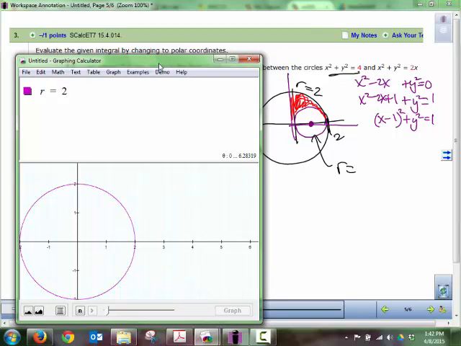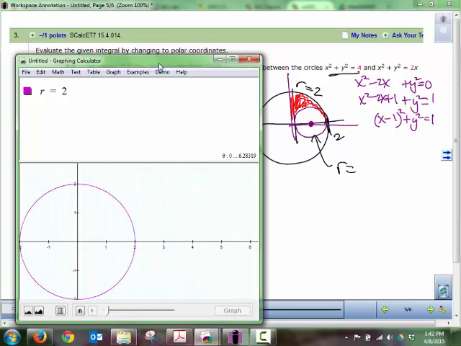Okay, imagine this. When theta is equal to 0, I want to be at 2, right?